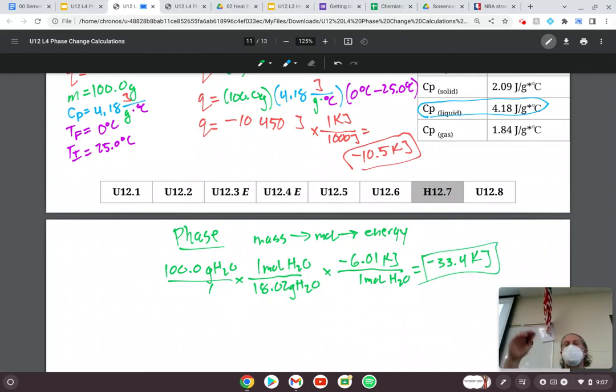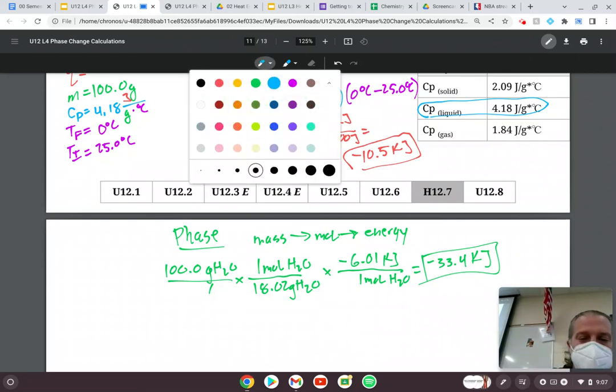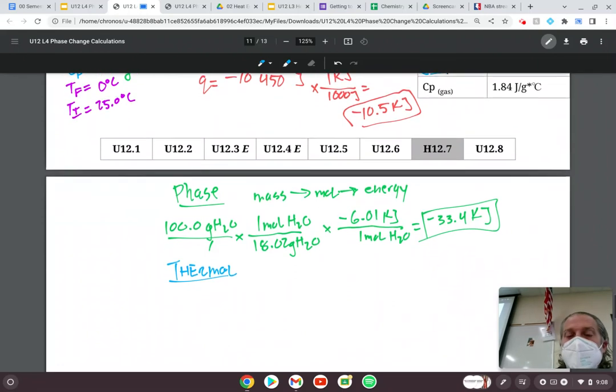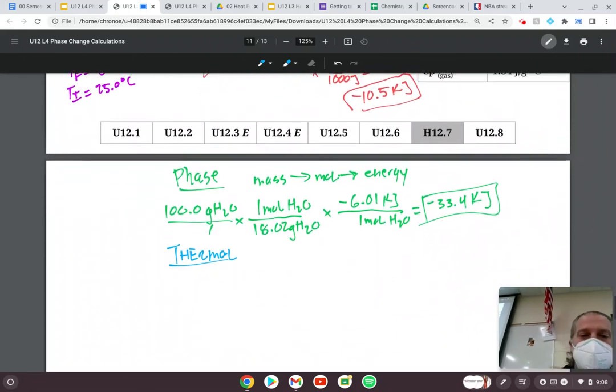So now on our heating curve, we've gone through the liquid portion, and now we are a solid chunk of water, and we need to do one more calculation, which is a thermal calculation, to finish this one out.